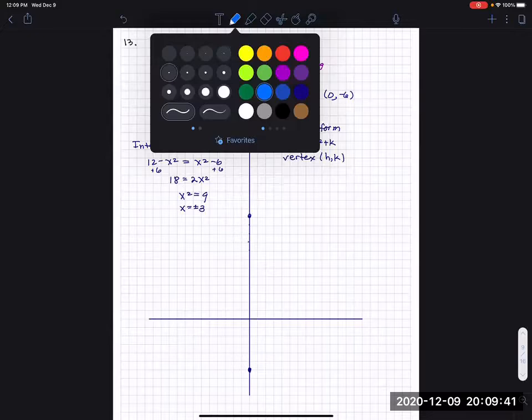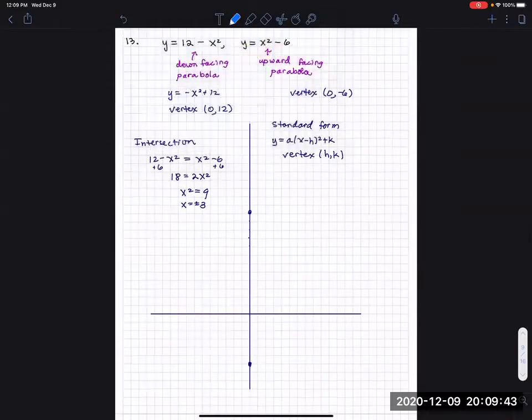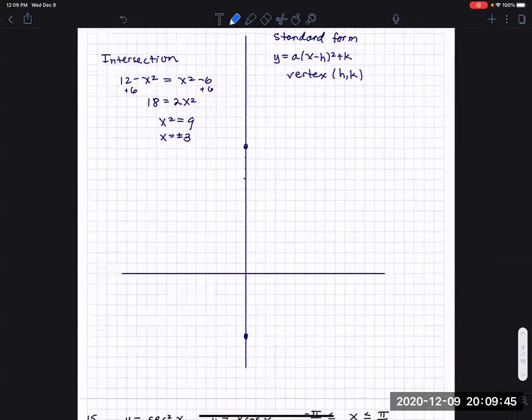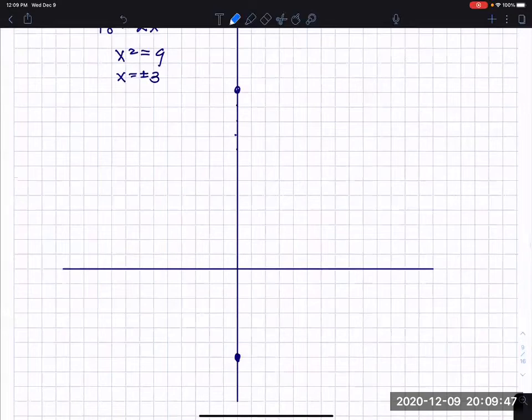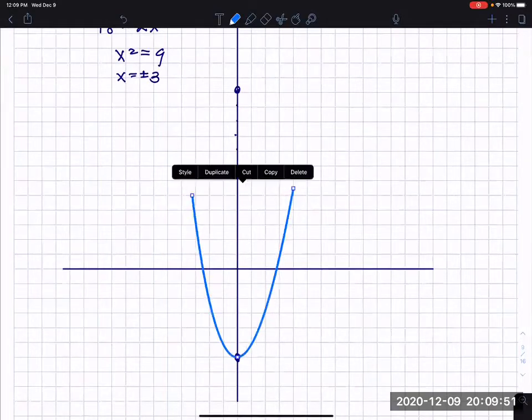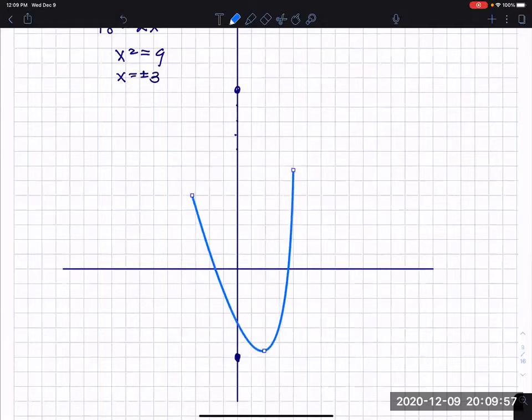If you think about x squared, the way the parabola works is from the vertex, if you go to the right by 1, you go up by 1. If you go to the right by 2, you go up by 4.